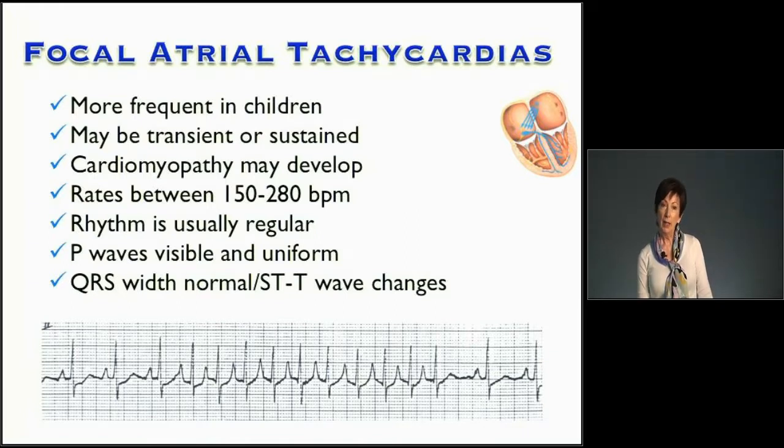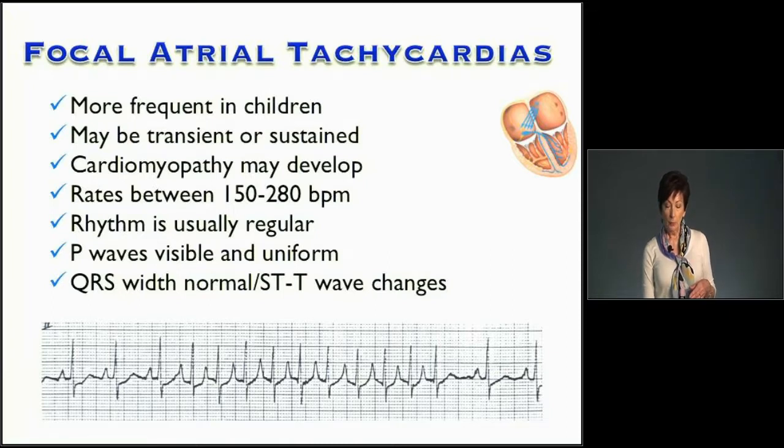Then, the P waves are visible and uniform. If it's only from one focus, they would be uniform Ps. But I have to be honest, when you have a rapid rate like this, it's very difficult to distinguish T from P. So I wouldn't worry too much about trying to separate those two. If you've got the normal sinus T and P, then you can identify the difference. You can compare and see, yeah, I can see that during the atrial tachycardia, surely those points are due to the P on top of the T wave.